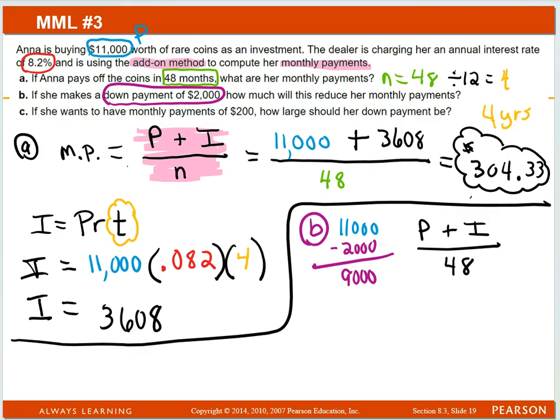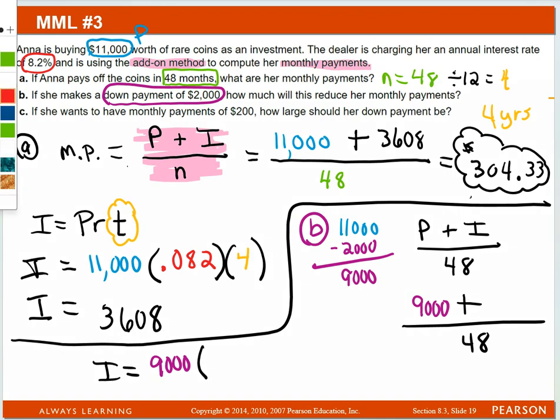It's just that I have a new P now. My new principal is the $9,000. So I have to recalculate the interest. Once again, interest equals principal times rate times time. But this time, my principal is $9,000 instead of the $11,000.